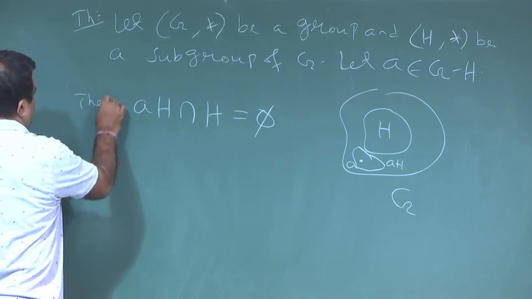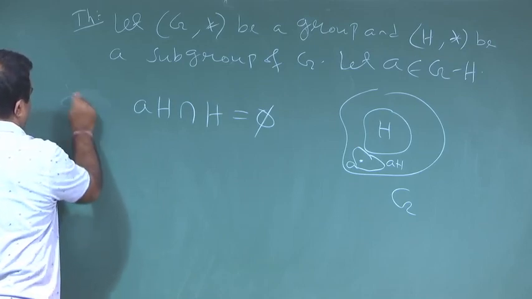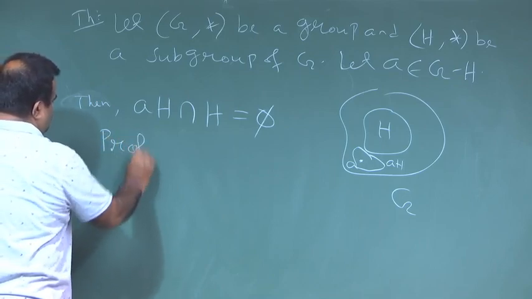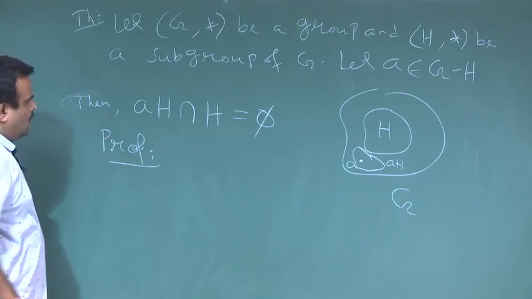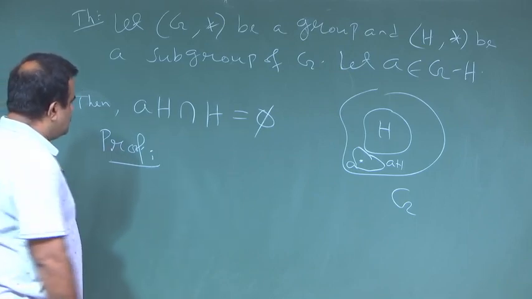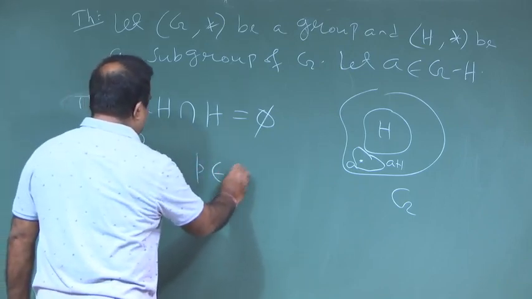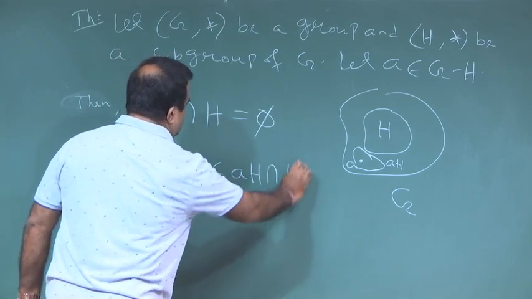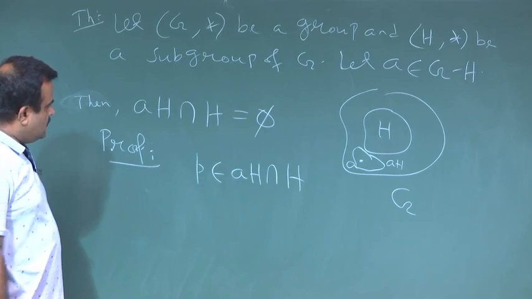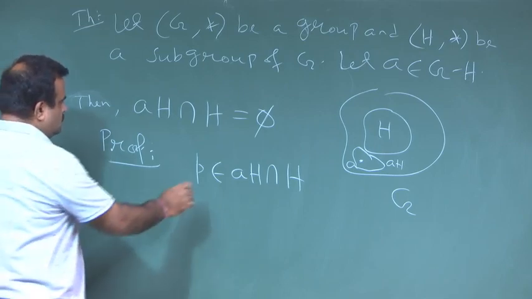This is the statement of the theorem. Now, how to prove this? Suppose they are not disjoint, suppose there is an element p which is common to them.